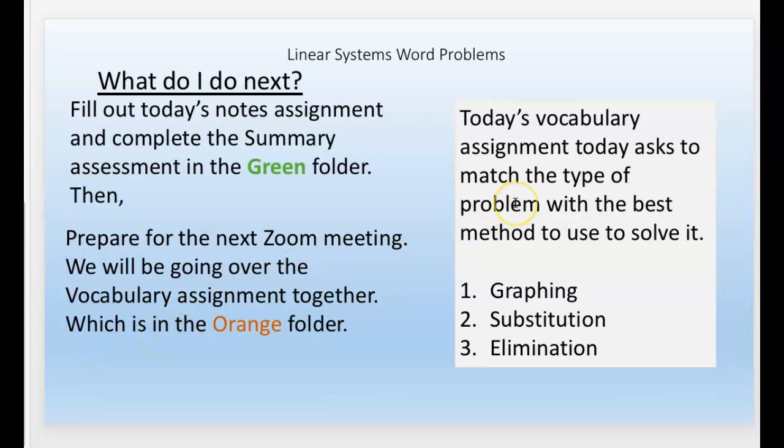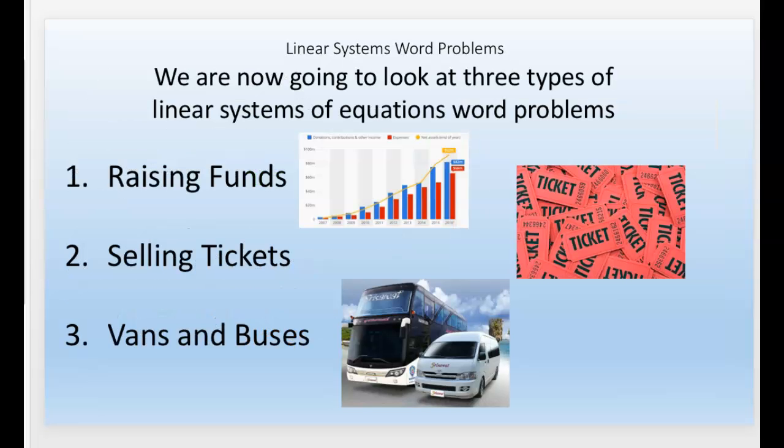The vocabulary assignment today asks you to match the type of problem with the best method to use. Okay, a little different today. And guys, this is not the answer in the notes assignment. The notes assignment talks about the 3 types. Make sure you know that for the notes assignment. Okay, that's it. Thanks.